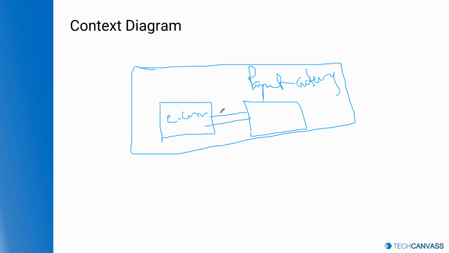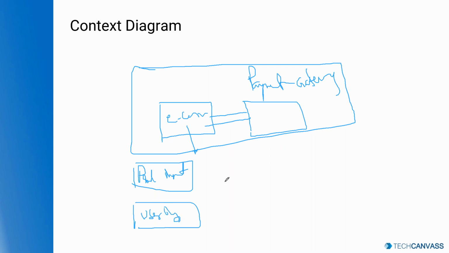So that is one way of doing things. You can go a little further down and say, okay, in the e-commerce we can have a module called product management. We can also have a module called user management. We can have another box called order management. You can also have reviews, something like this.